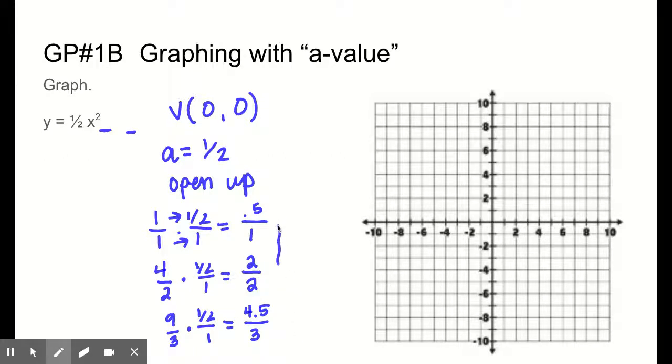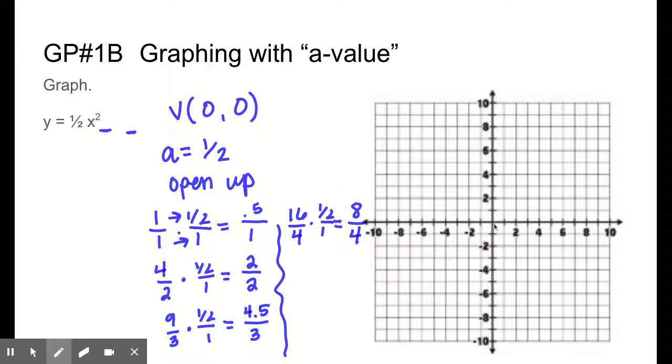And let's do the next value as well. The next one would be 16 over 4. So let's multiply that by 1/2 over 1. What does that give us? We might even be able to do more. Let's see what this looks like on the graph. 16 times 1/2 is 8. Movement over 4.